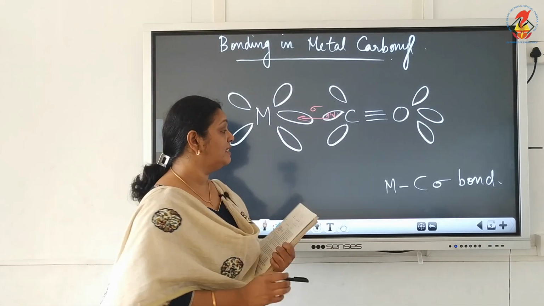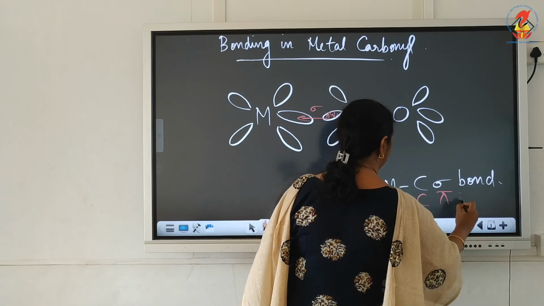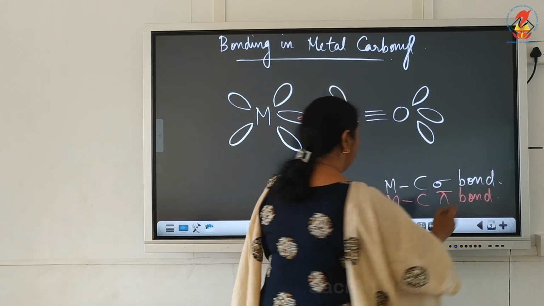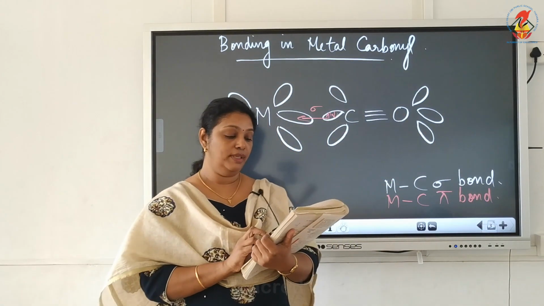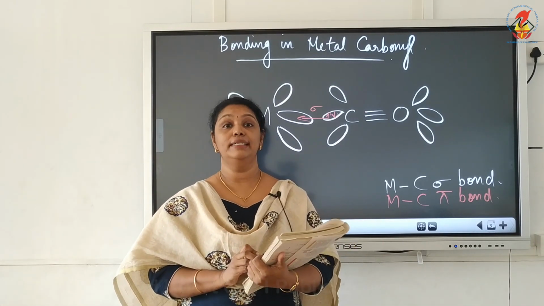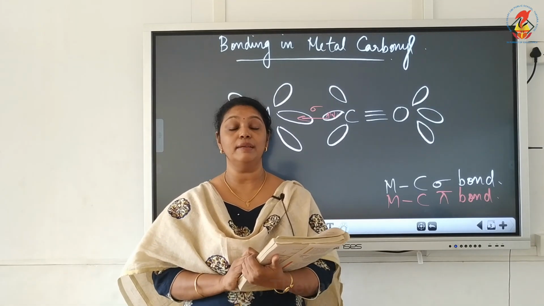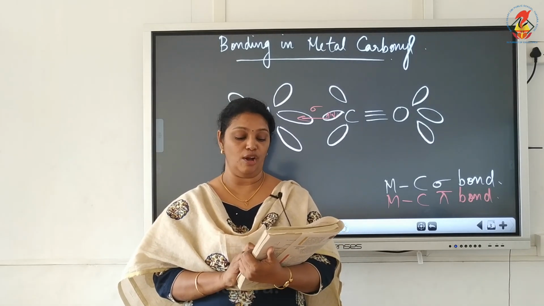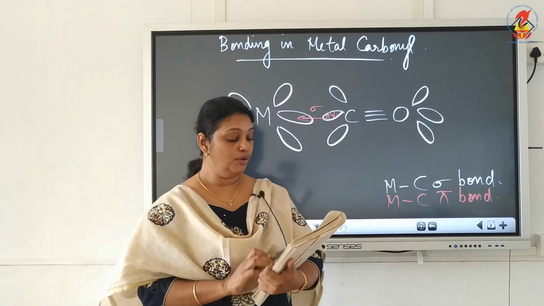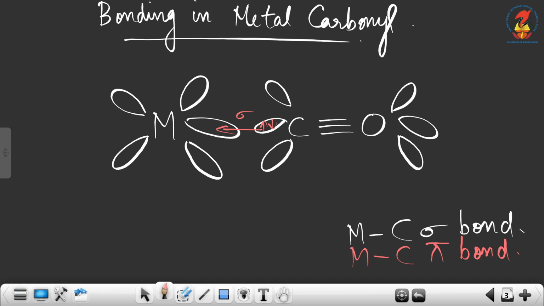Now, how is an M-C pi bond formed? The M-C pi bond is formed by the donation of a pair of electrons from a filled d orbital of the metal into the vacant anti-bonding pi star orbital of the carbonyl group. So, the pi bond is formed by the donation of electrons from a filled d orbital of the metal.